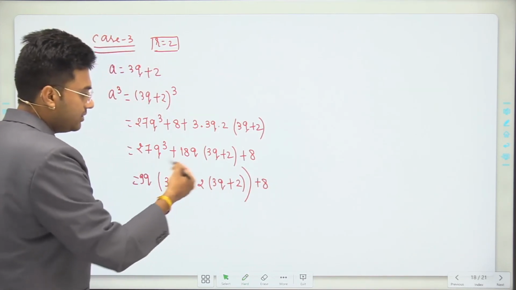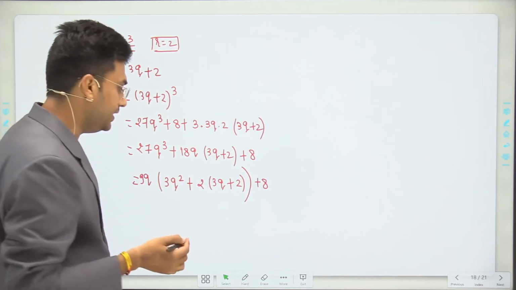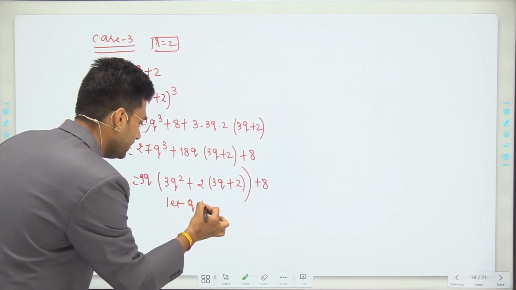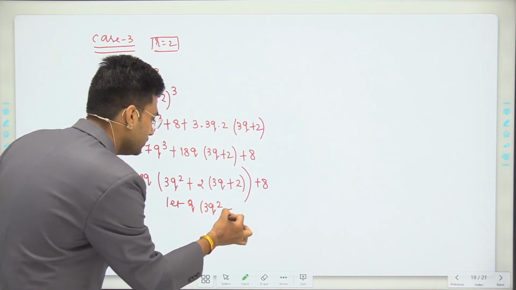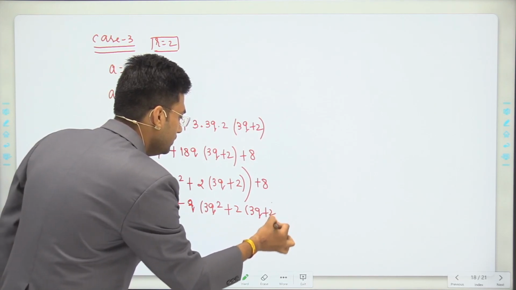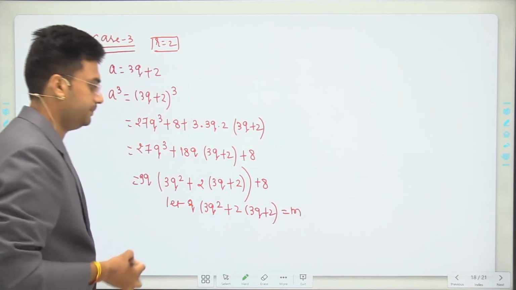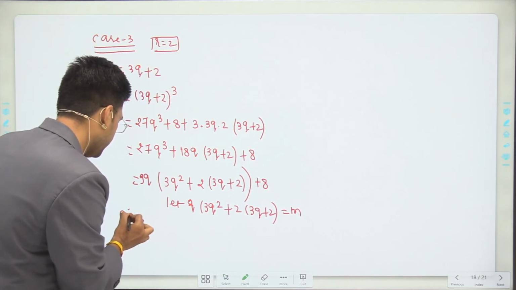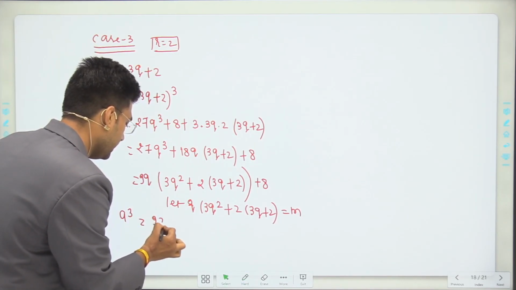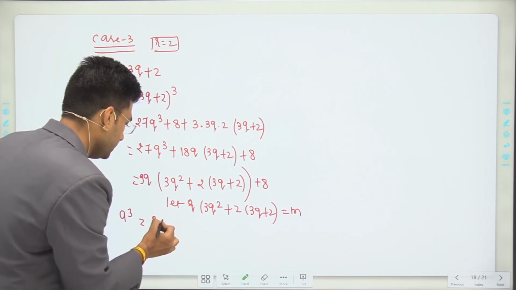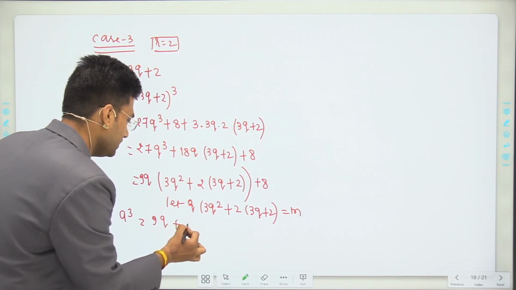Now we can assume this complete expression as an integer. Let q multiplied by 3q square plus 2 multiplied by 3q plus 2 be equal to m. Then a cube is equal to 9m plus 8.